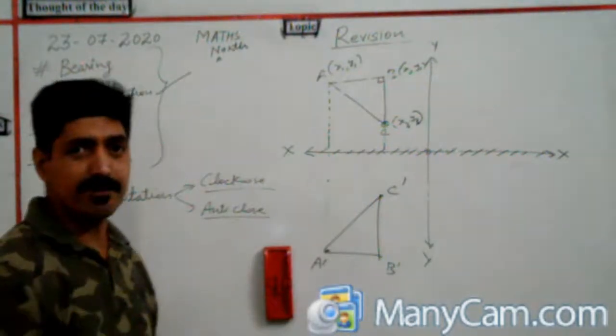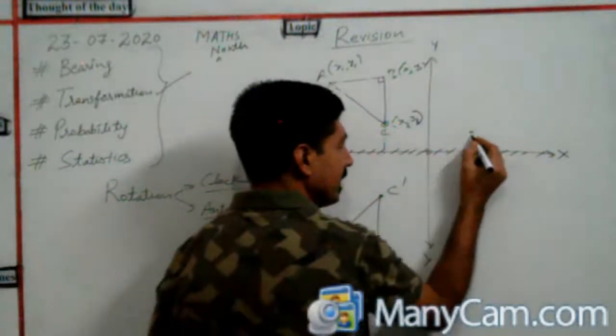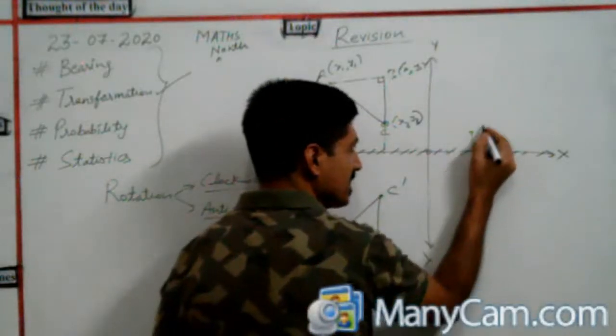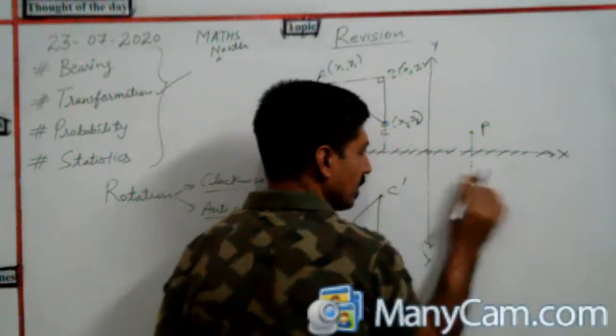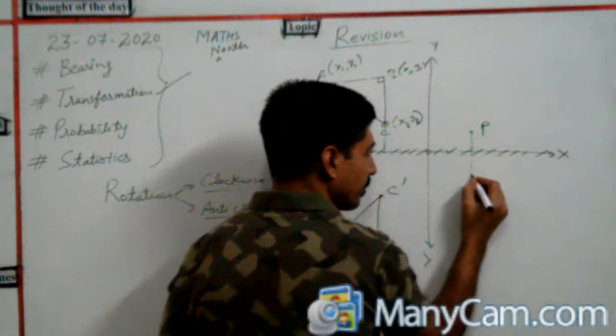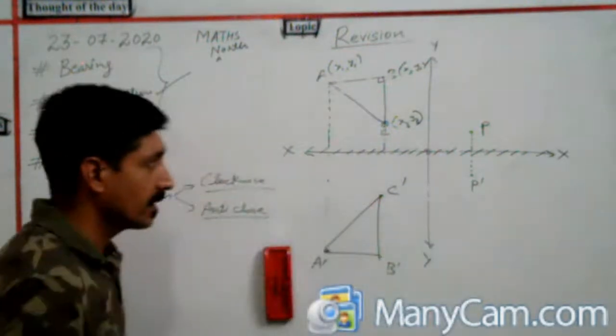In another way, if a point P is here, any point, its perpendicular distance, its reflection will be a perpendicular in the opposite direction, that is P dash, right?